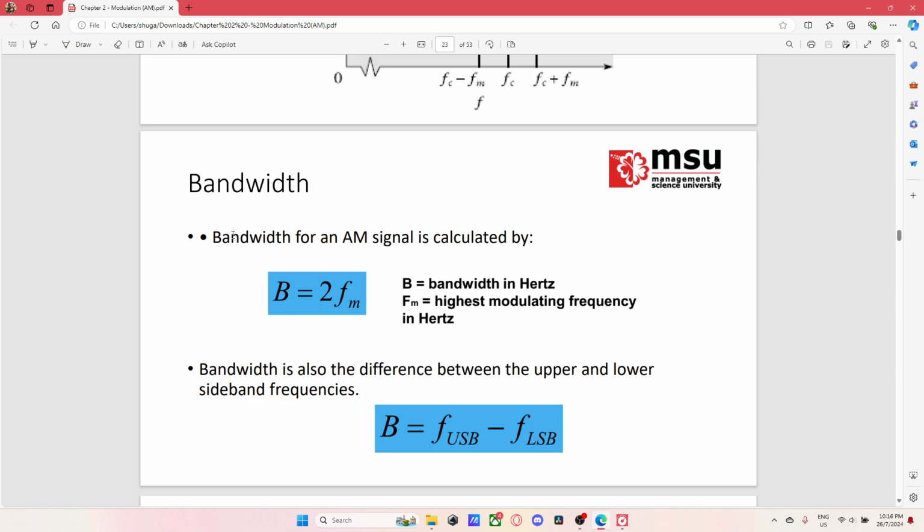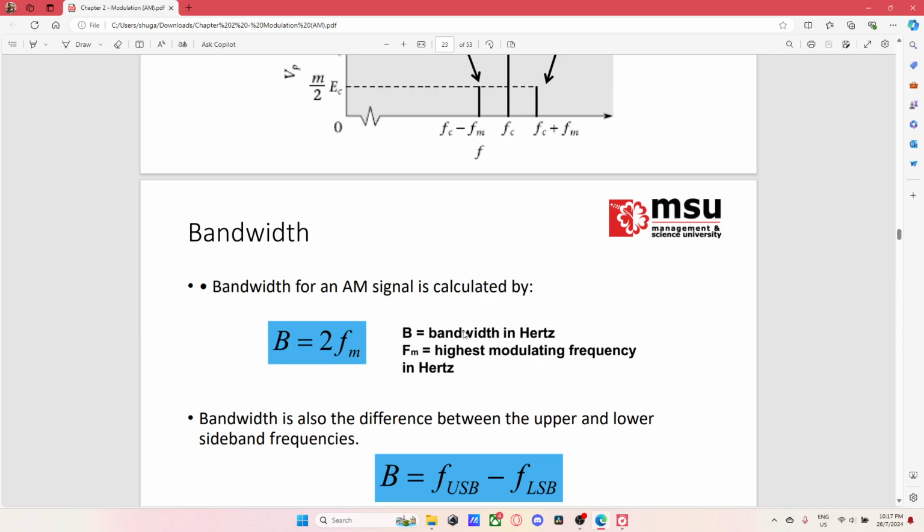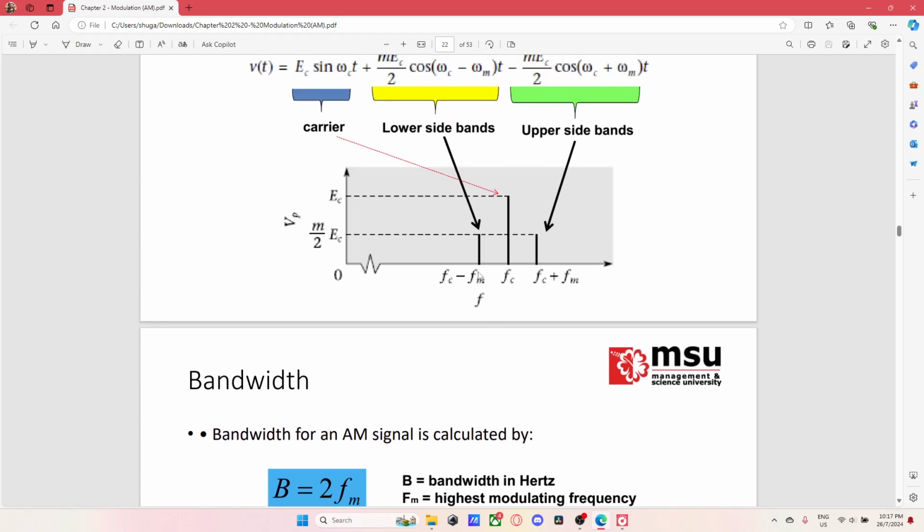Alright, the bandwidth for an AM signal is calculated by B equal to 2FM, and FM is usually given in the question, so the bandwidth should be easier to find. The bandwidth is in hertz, and the FM is also in hertz. The bandwidth can also be represented by the F upper sideband and F lower sideband.